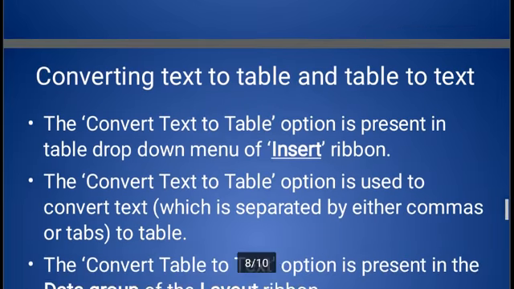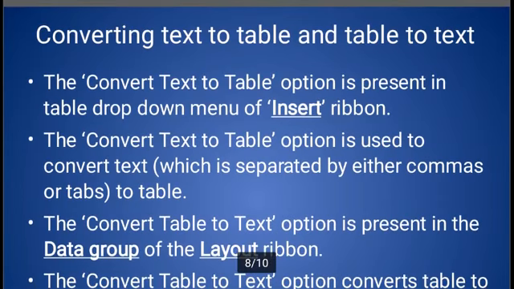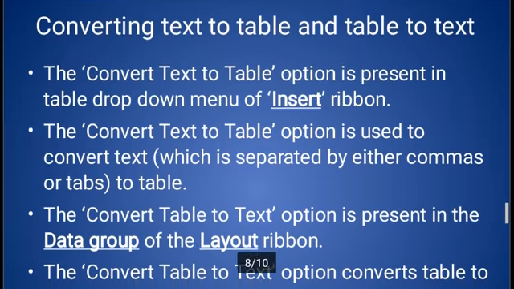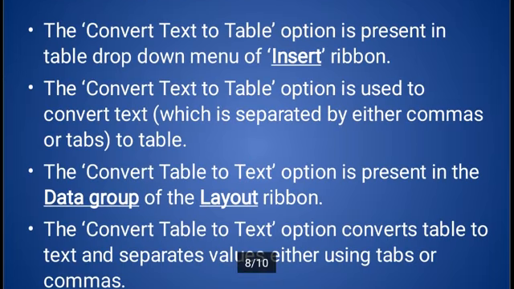The convert text to table option is present in the drop-down menu of the Insert ribbon. The convert text to table option is used to convert text which is separated by either commas or tabs to a table. And the reverse operation we can also perform.